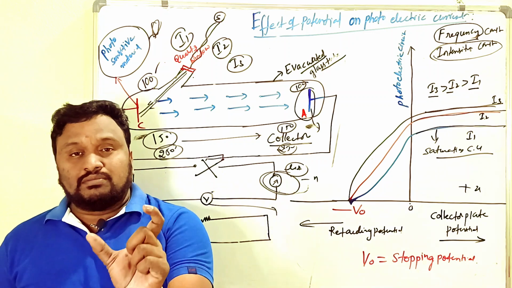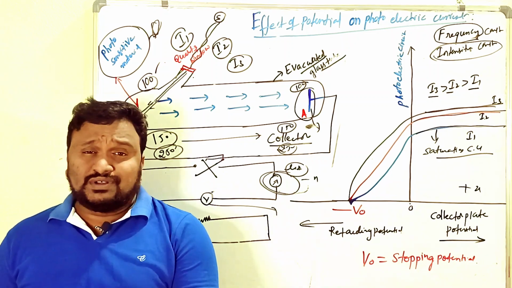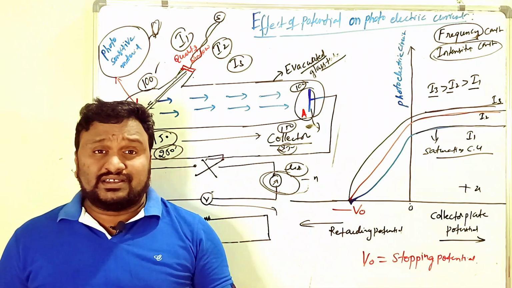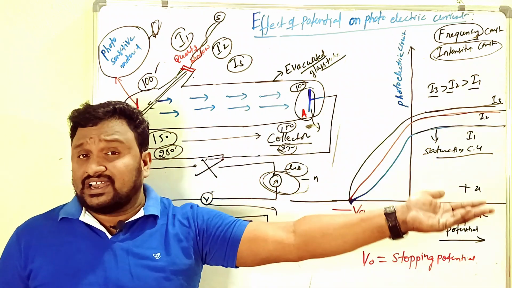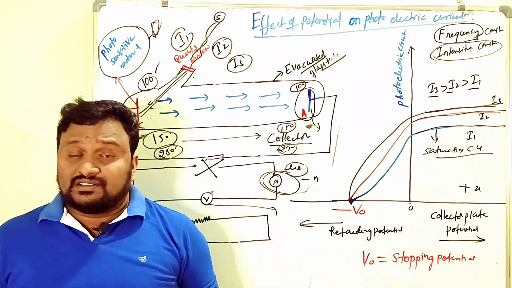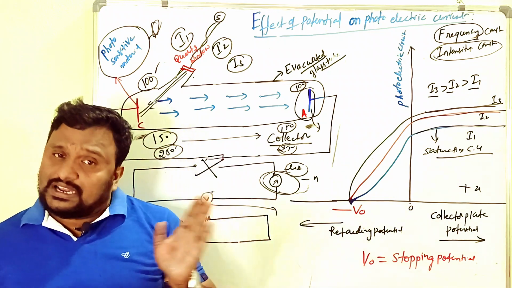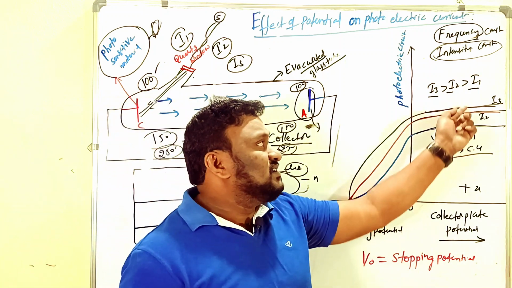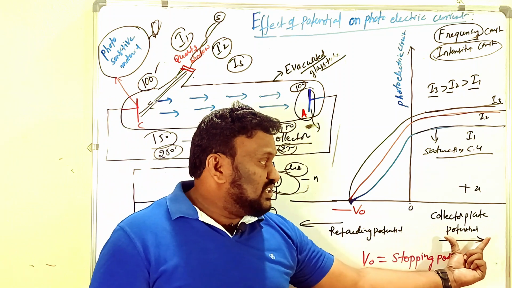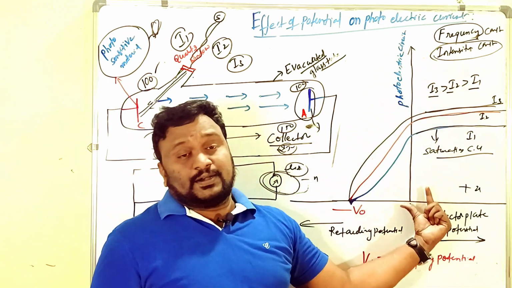So simply remember, children, no need to confuse, it is very simple. When intensity is increased, the maximum electrons are liberated and those maximum electrons are collected. After that, also, the light is continuously falling, but there is no rise in the photoelectric current. That's why this is called saturation current. So this is about the increased collector potential and the photoelectric current.